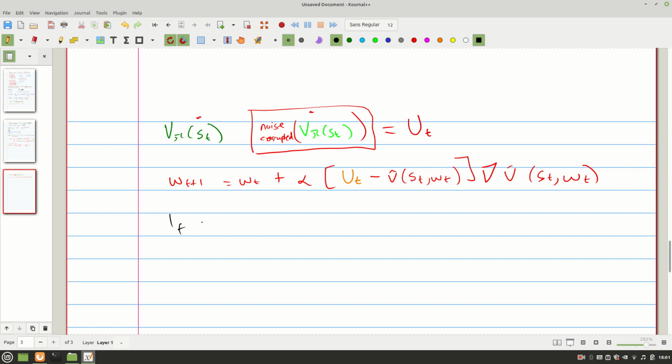Well, if ut is an unbiased estimate, which means the expected value of ut given st equals s is equal to v pi of st for all values of t, then there are guarantees that w will converge to at the very least some local optima.